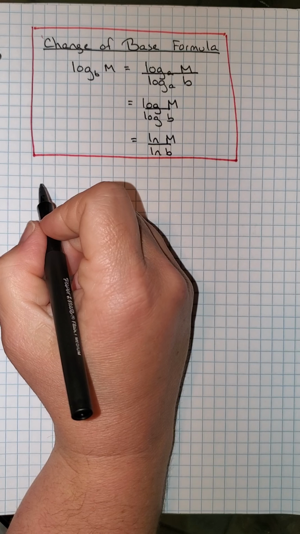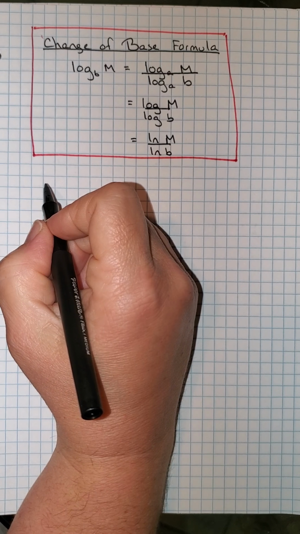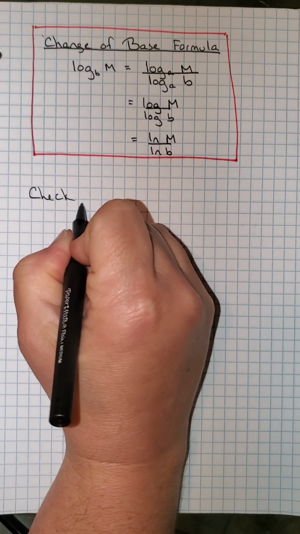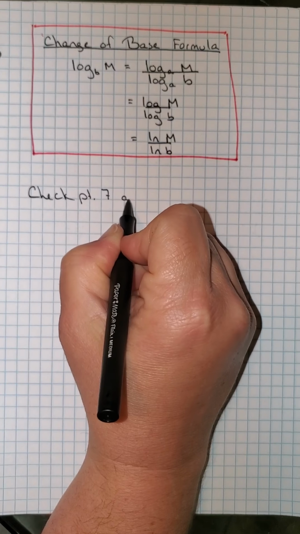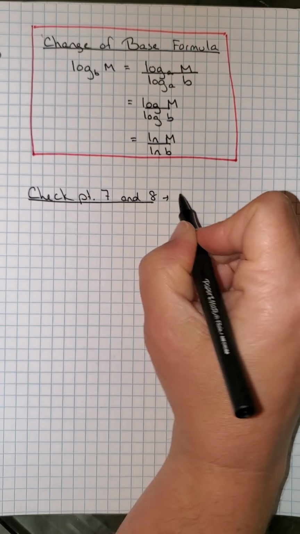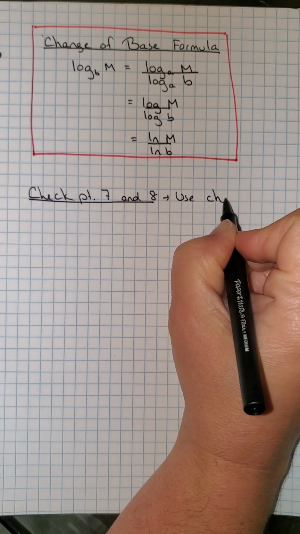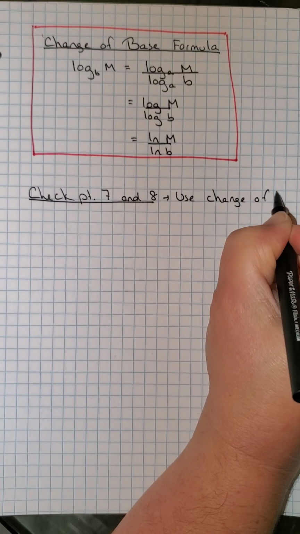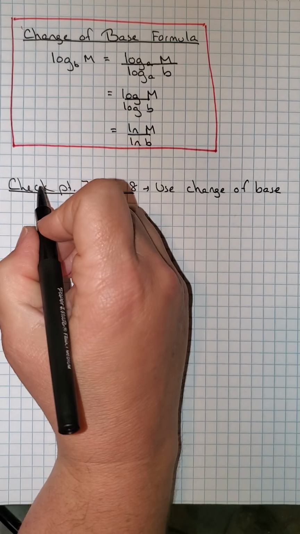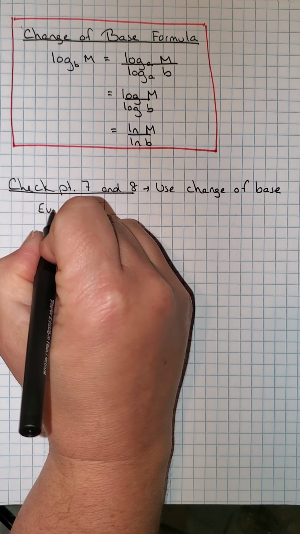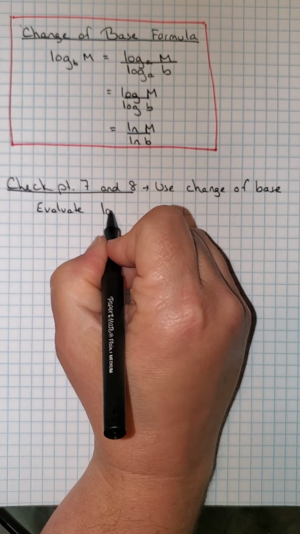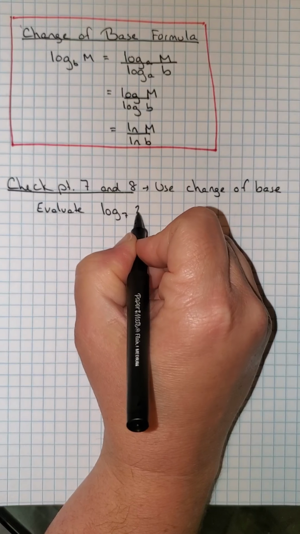Okay, so I'm going to do checkpoint 7 and checkpoint 8 at the same time, and that's to use change of base. Both of them are actually the same problem. We're going to evaluate log base 7 of 2506.